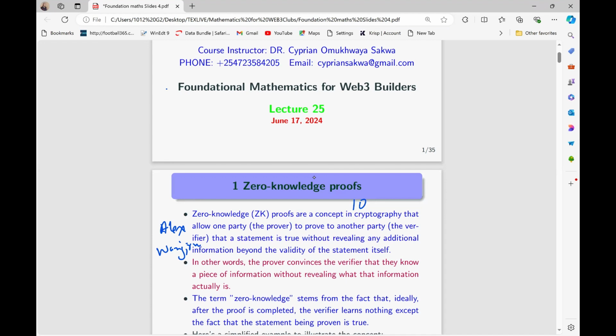Then Wanjiru looks at the tree again, then tells Alex, you've plucked 10 leaves from the tree. You see, Wanjiru did not say how many leaves there were, but she knows how many leaves are on that tree. So by looking at the tree, she can see that the tree now has 10 leaves less.